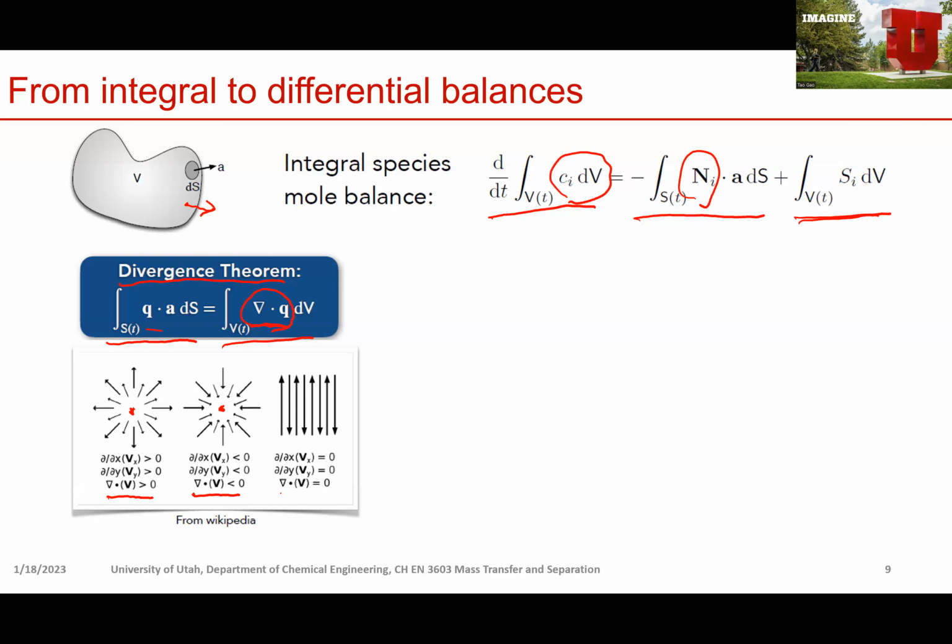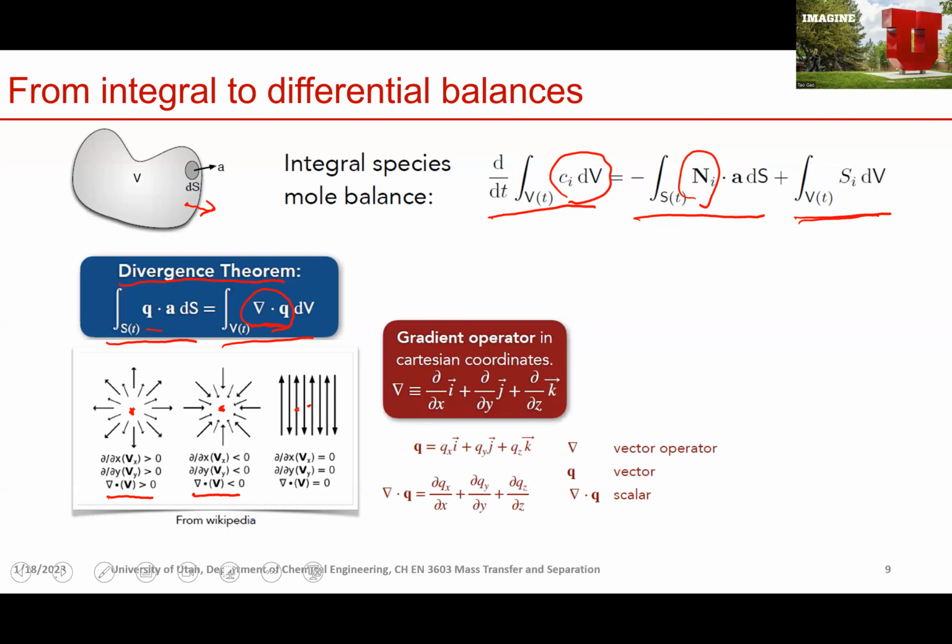So in the third case, we have an equal amount of vectors pointing up and pointing down. Then at any point, if you compute a divergence, it's going to be zero because the amount of flux going up is going to be the amount of flux going down. So they're going to cancel each other. Okay, that's how we treat it conceptually.